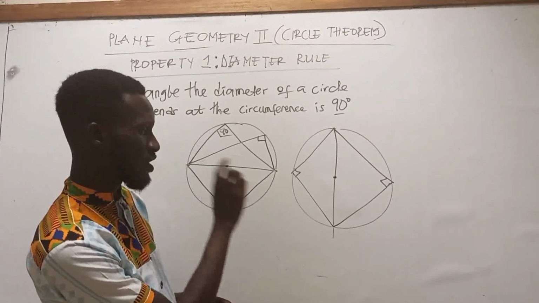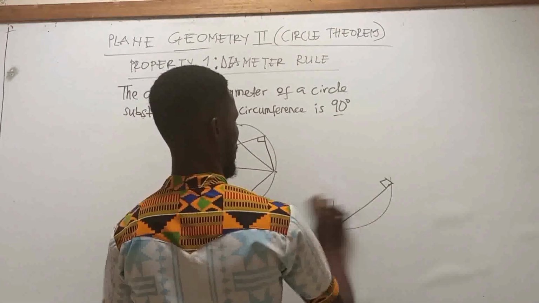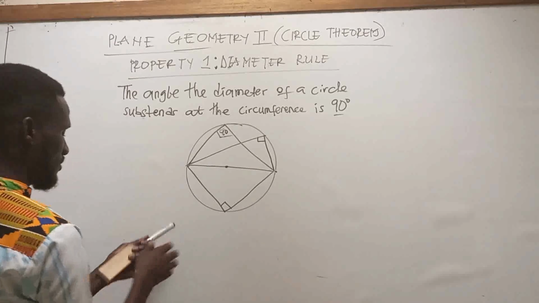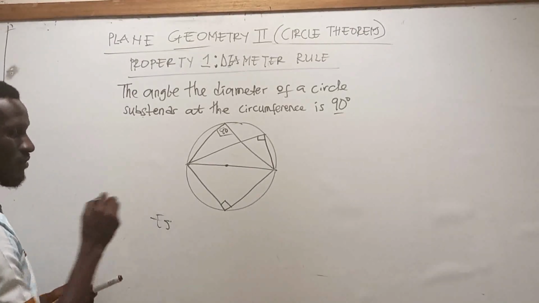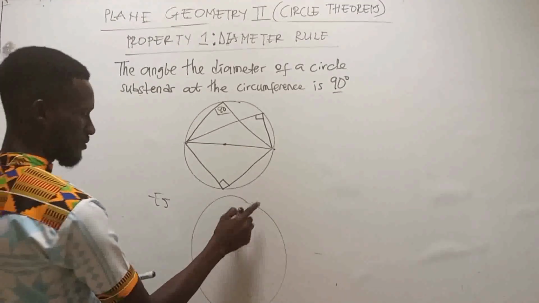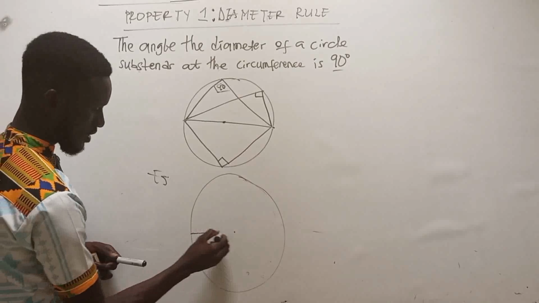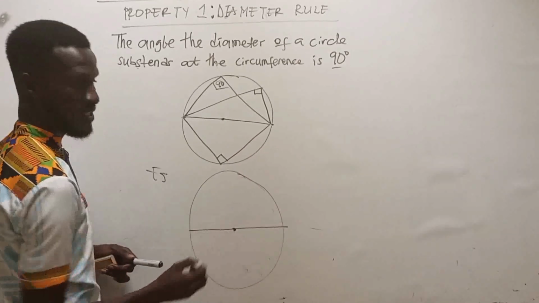Now, an example of one of the questions is this. We can have a circle like this. Now, this one being the diameter, this is the center of the circle.